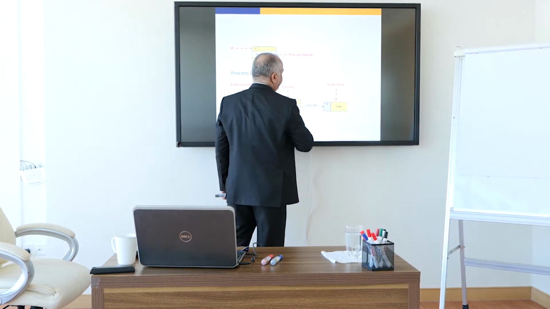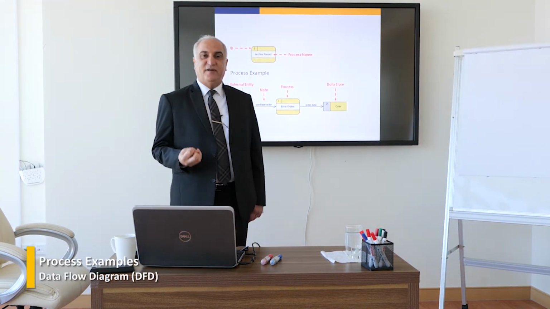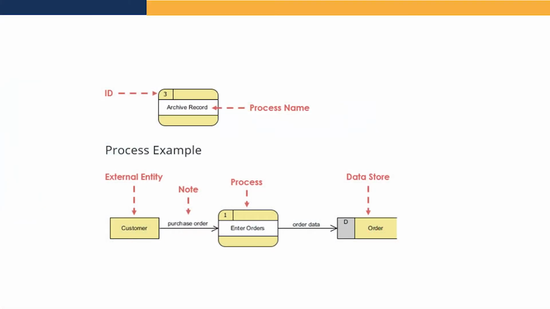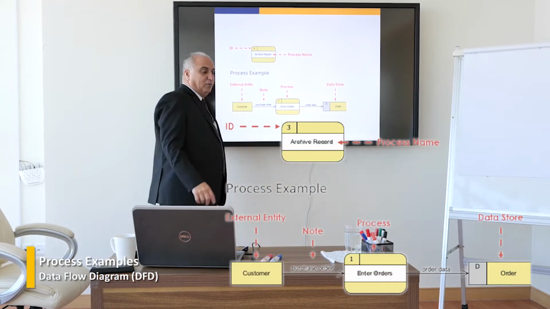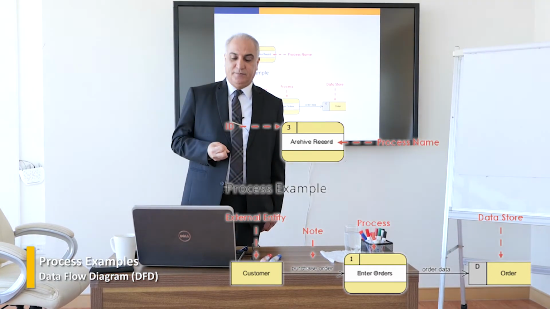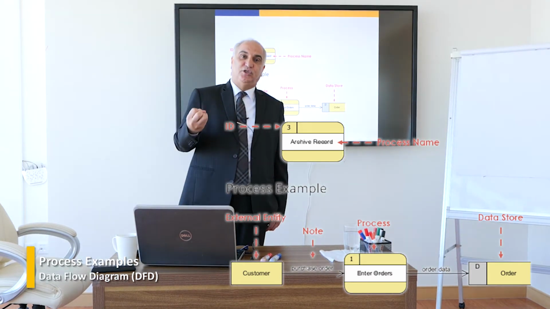So if we look at this one, we can understand the very simple technique. First, this is the process ID. Here we have the process name. Think of the process in this example as the process of archiving a record, meaning a program which is going to archive the record. You could also have it as student registration.